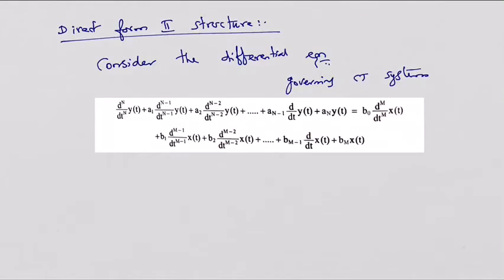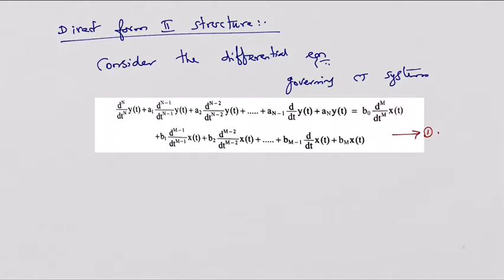All right, I'll go to direct form 2 structure. Here also the differential equation governing the CT LTI system is given in the form of an equation like this. More clearly it is stated, and it is a snapshot taken from a textbook.